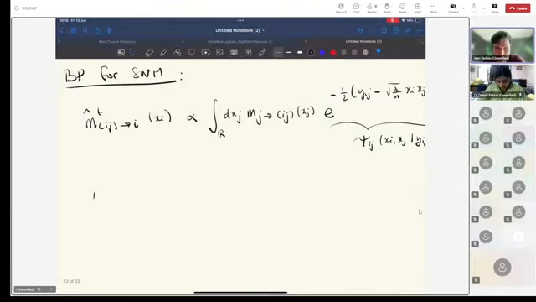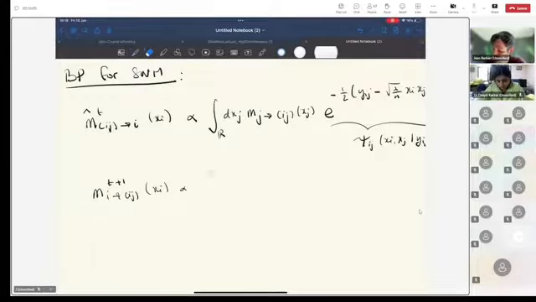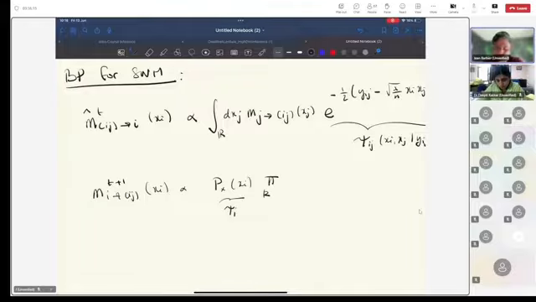While the other messages, the node to factor, is the product of all factors. So there is the factor coming from the prior, this is psi i, times the product over all k.